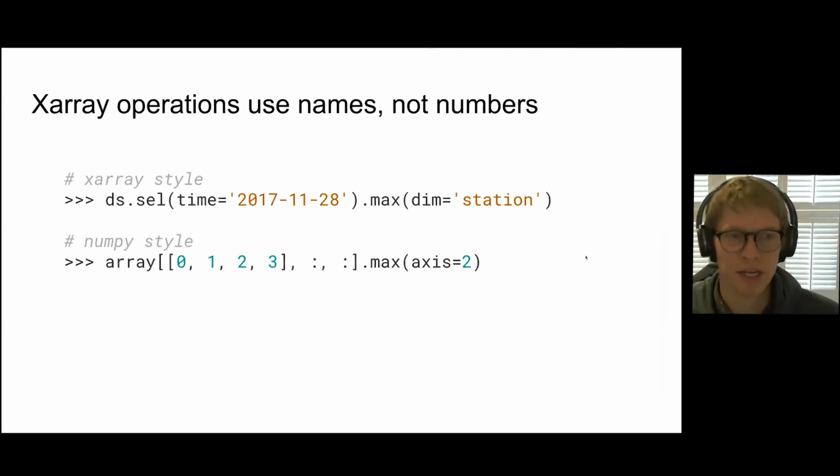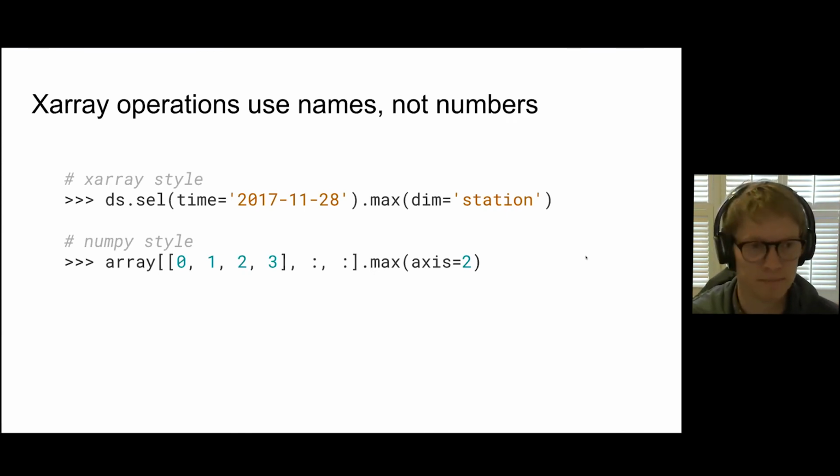A quick comparison of how Xarray uses names, not numbers, when doing something as simple as indexing. On the top, we have Xarray doing a selection from a time series, and I'm using the timestamp November 28th, 2017. Then I take the maximum along a dimension, in this case, station.